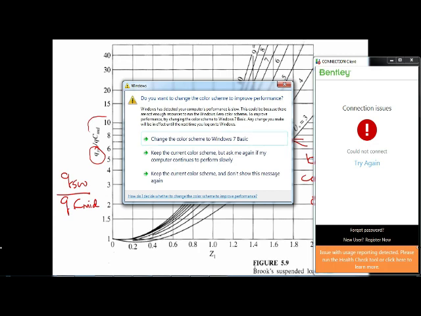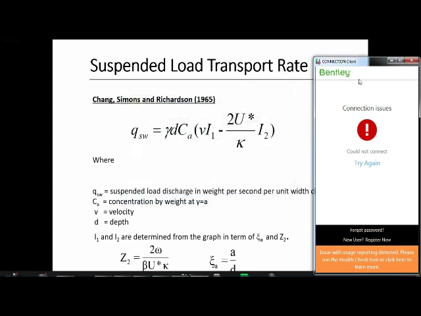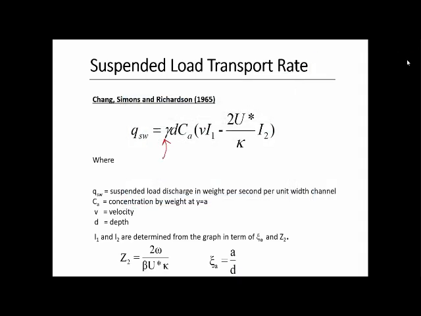Okay, the next one is Chang, Simons, and Richardson equation, which is given by this expression. So this is the unit weight of water, and then D here is your water depth. Ca is the concentration at the bed level or bed layer.